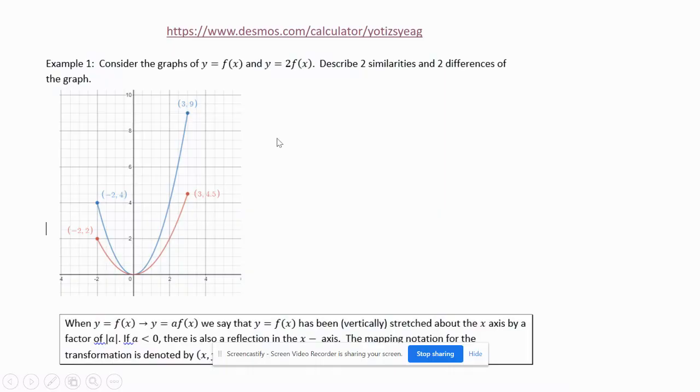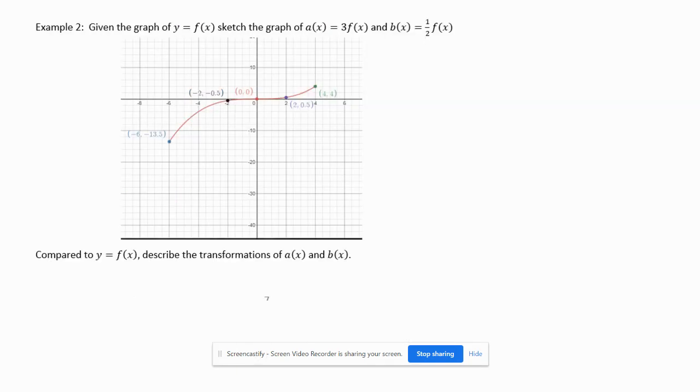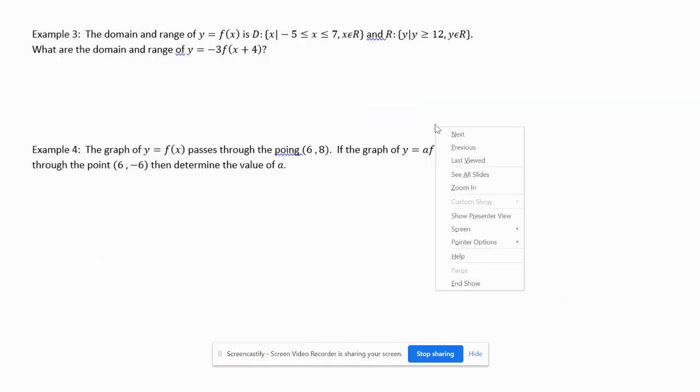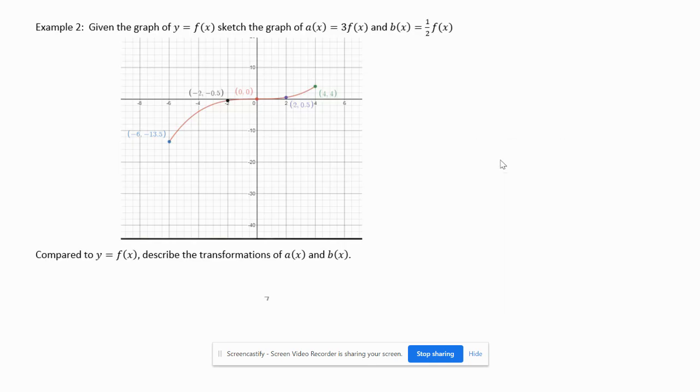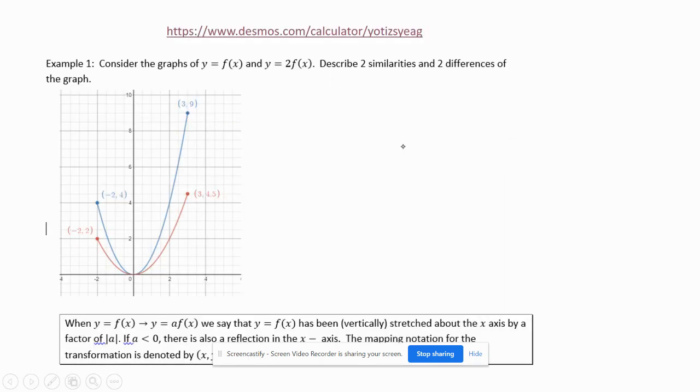All right. So two similarities and two differences. Similarities: I could say both graphs have the same domain. So there's one similarity.